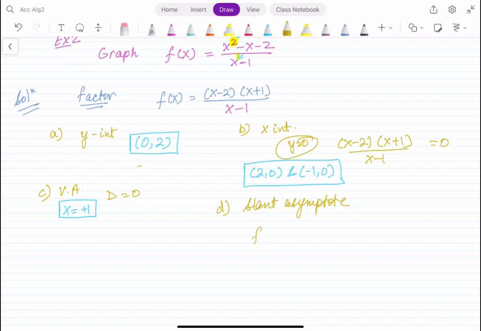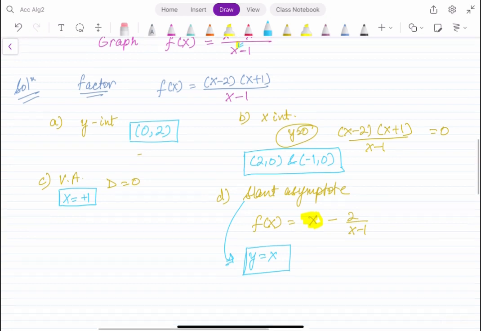It should be f of x is equal to x minus 2 over x minus 1. So you can pause the video again, do the long division or synthetic division, and see if you're getting the same answer. So from here, we can know the slant asymptote will be at y is equal to x. And that is a dotted line.